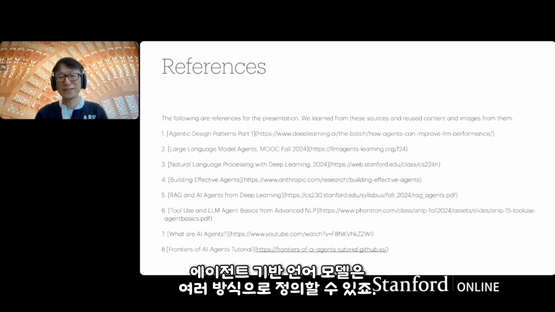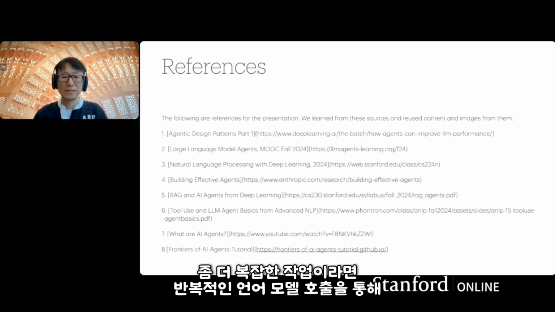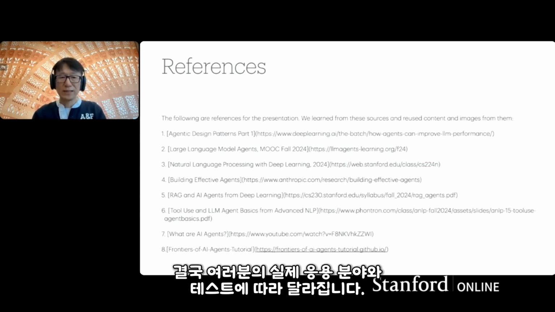You can define agentic language model usage in many, many different ways. But if you have a more involved task, you could do an iterative language model call. Even that could improve your output.